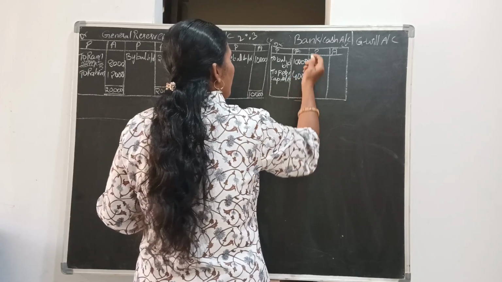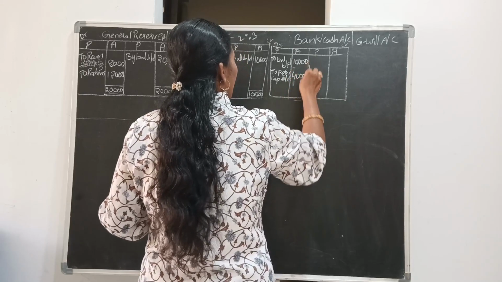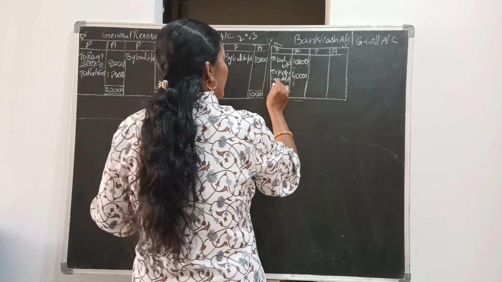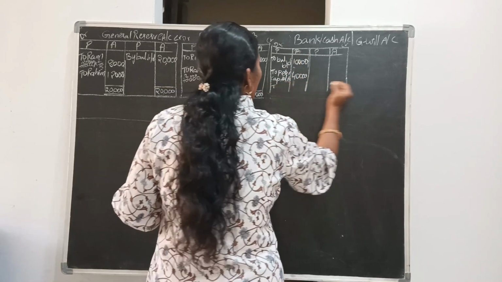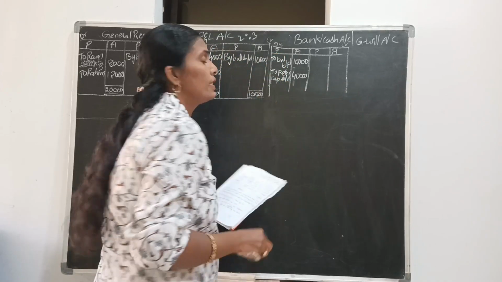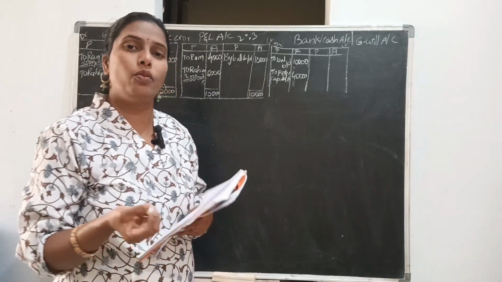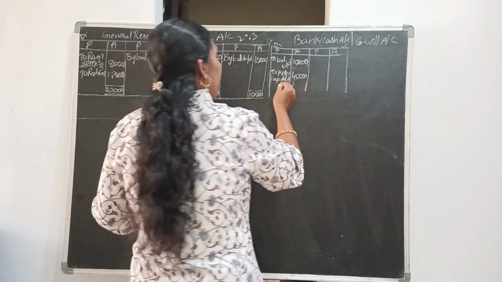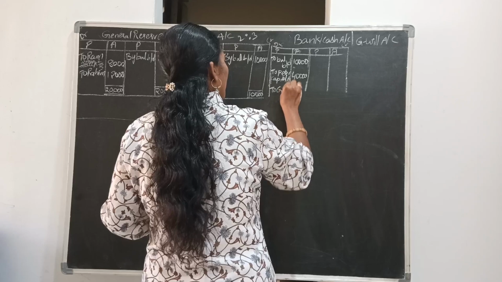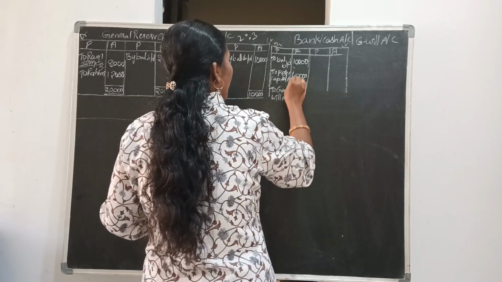So whenever you are preparing the bank account or cash account, we need to post the balance, the new partner's capital, and the new partner's goodwill also. What is the journal entry for goodwill? Cash account debit to goodwill account.